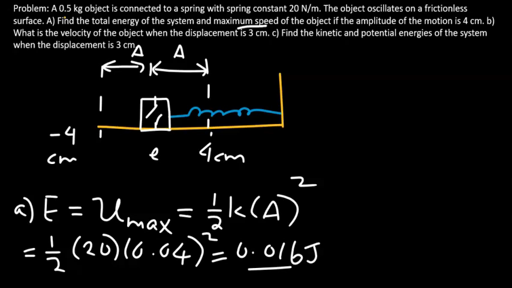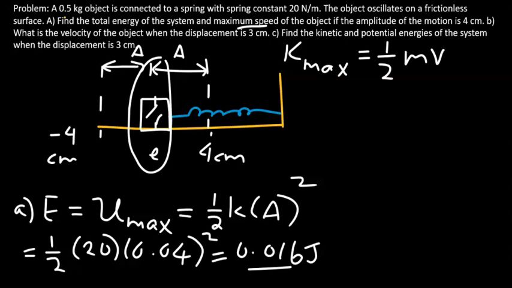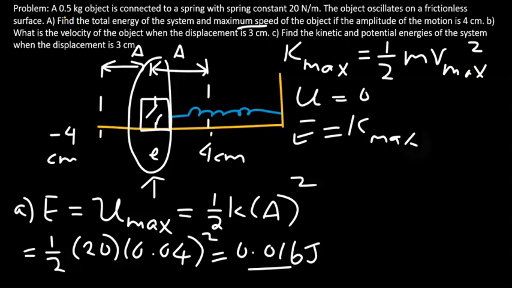Next, the maximum speed of the object. The maximum speed of the object occurs right there at the equilibrium position in this case. So the maximum speed would give maximum kinetic energy, and that is given by half m times the square of the maximum speed. Now we know that at the point of equilibrium where the kinetic energy is maximum, the elastic potential energy is 0 joules. So E is K max plus 0 at that point. Now we know what E is.